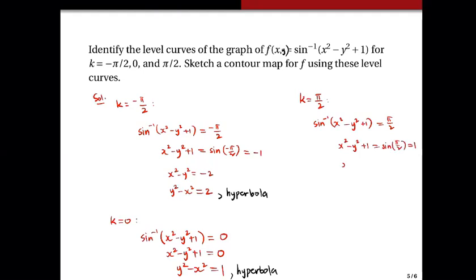This means you have x squared minus y squared equals 0. This is a degenerate case of hyperbola. So this is just actually two intersecting lines.